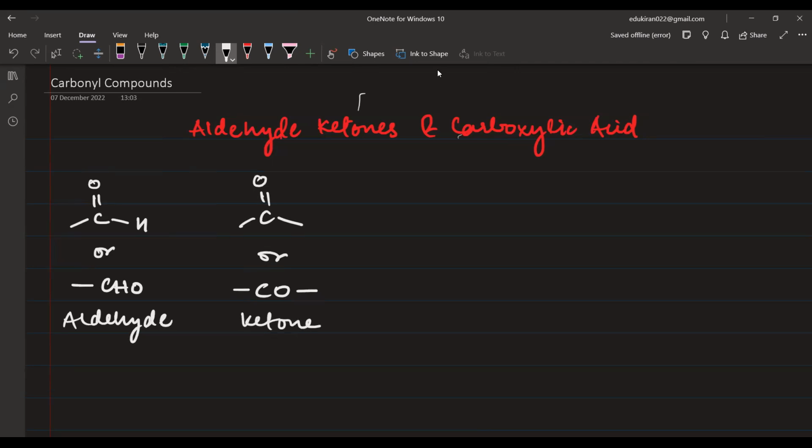In this chapter, we'll also learn about carboxylic acid, C double bond O, OH, or you can have something like RCOOH.